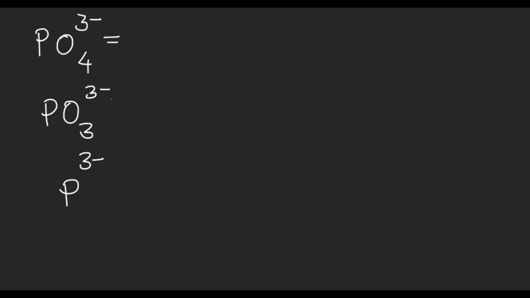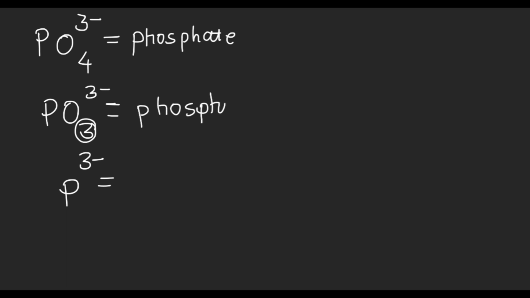The one thing in common of these polyatomic ions and the monatomic ion is that they have the same valence number, which is 3. Then for this one, this is called a phosphate. Then here, since we have 3 oxygens, this is called phosphite. Then for this one, there is no oxygen, we are going to call this one phosphide.